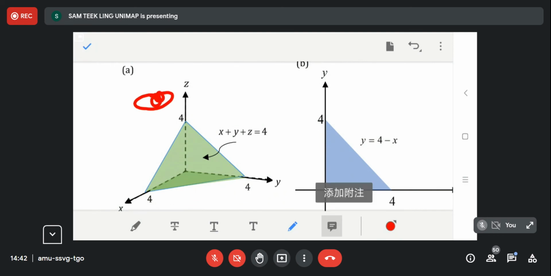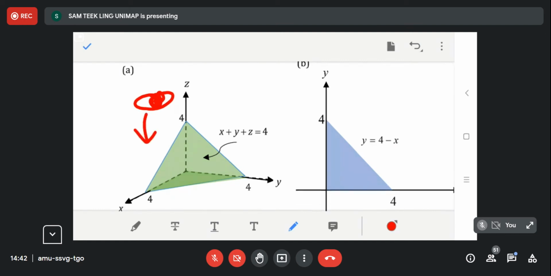You see the tetrahedron from the z-axis, from above going down. So you will get this picture.